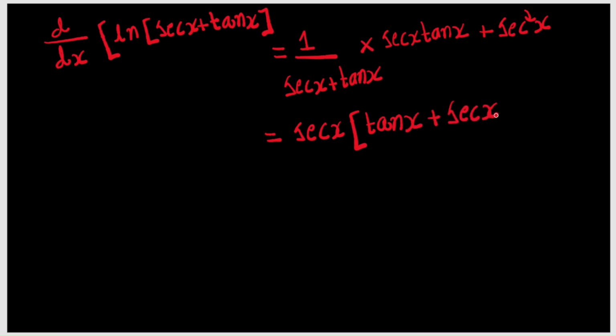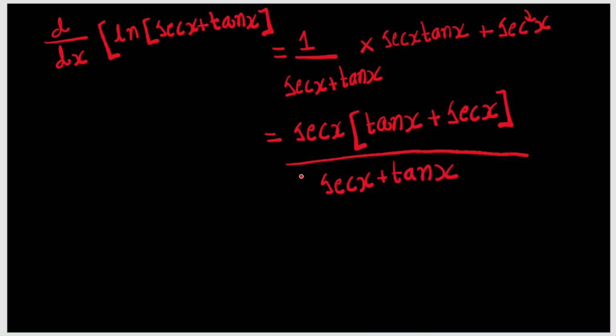We have taken sec x common, and in the denominator we have sec x plus tan x. Do you see that this and this are going to get cancelled, and what we are going to be left with? Sec x. And we have shown it, we have proved it, and that was what was given in the question, and we are done with the first part.